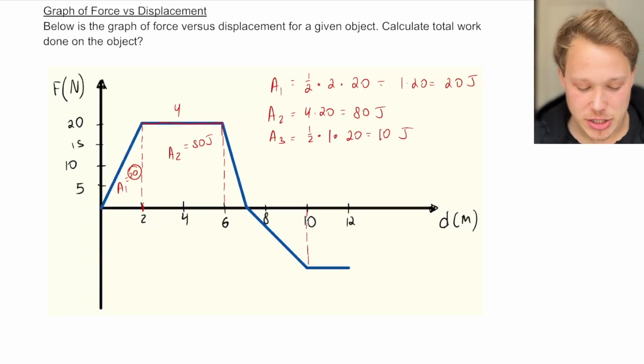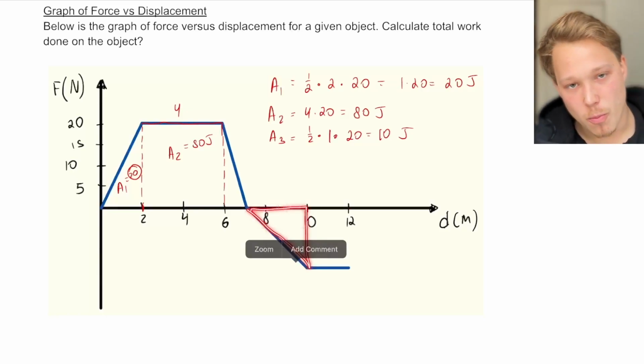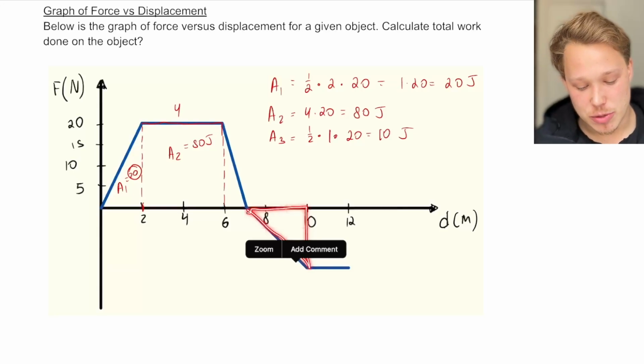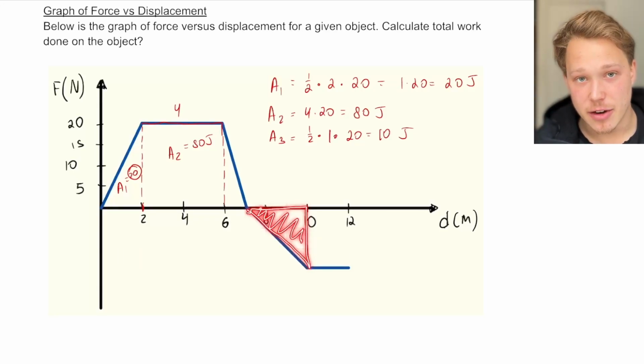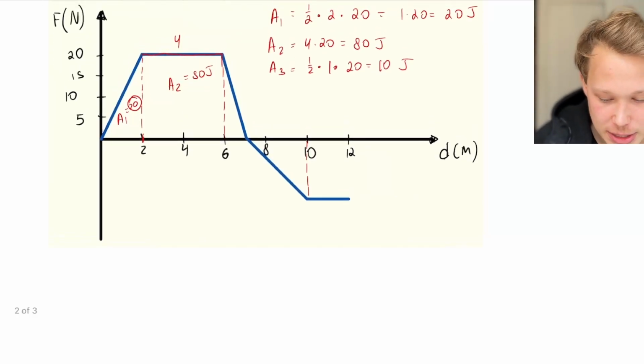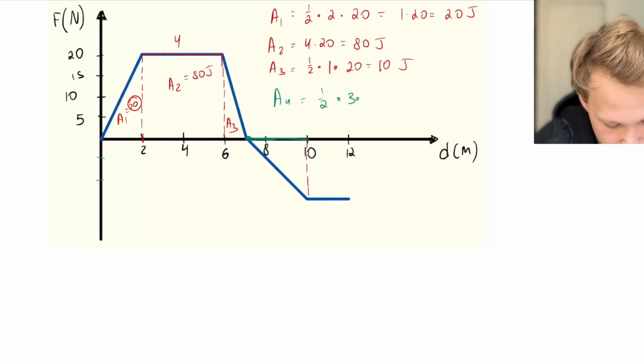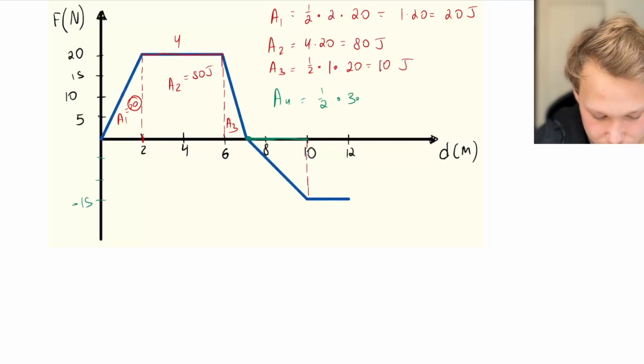Great. Now here's a little interesting side comment. Right now we're moving underneath the x-axis, which means that this work will actually be negative. Because remember, work is a scalar that can be positive or negative. So the area of this fourth area right here, let me label this A3, is going to be 1/2 times 3 times negative 15.